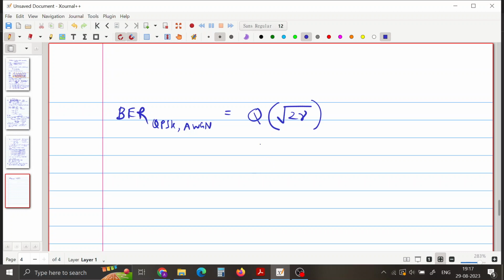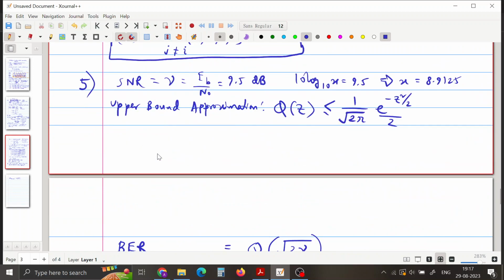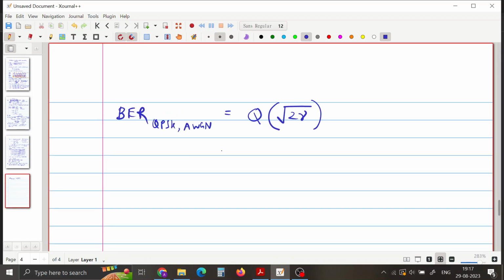And now I just wrote the approximation before. What was the approximation of the Q function? It was 1 by square root 2 pi, e power minus z square by 2, whole divided by 2, right? So square root of 2 gamma is my z. You use the approximation, minus z square by 2, so this comes out to be minus gamma. Okay, someone I think wrote in the chat box.